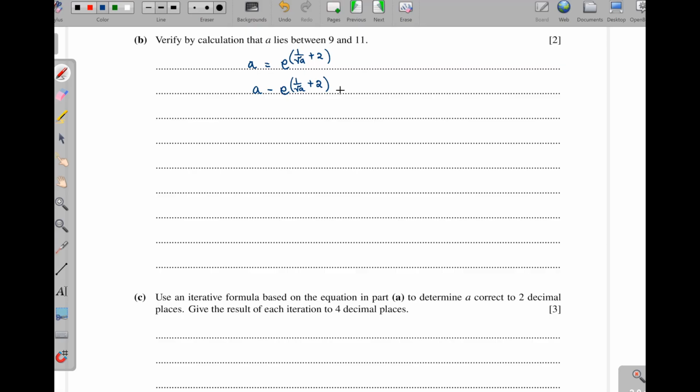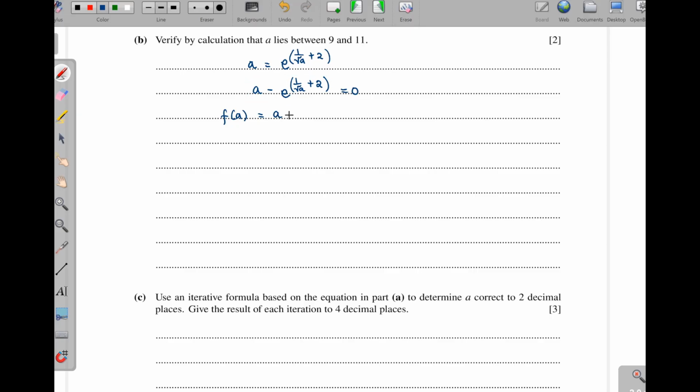This one is equal to 0. That means our function in terms of a has to be equal to 0, such that we get the root of that function. Is that clear? So this is our function.